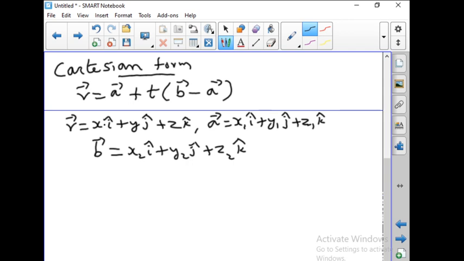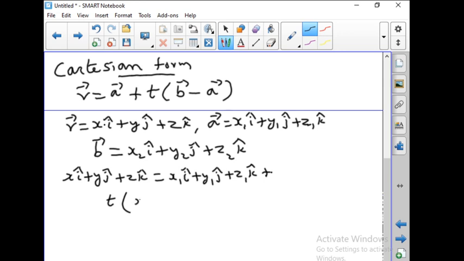So as we did in the previous one, that is theorem 6.11, what this becomes? x i cap plus y j cap plus z k cap is equal to x1 i cap plus y1 j cap plus z1 k cap plus t into x2 minus x1 into i cap plus y2 minus y1 into j cap plus z2 minus z1 into k cap.